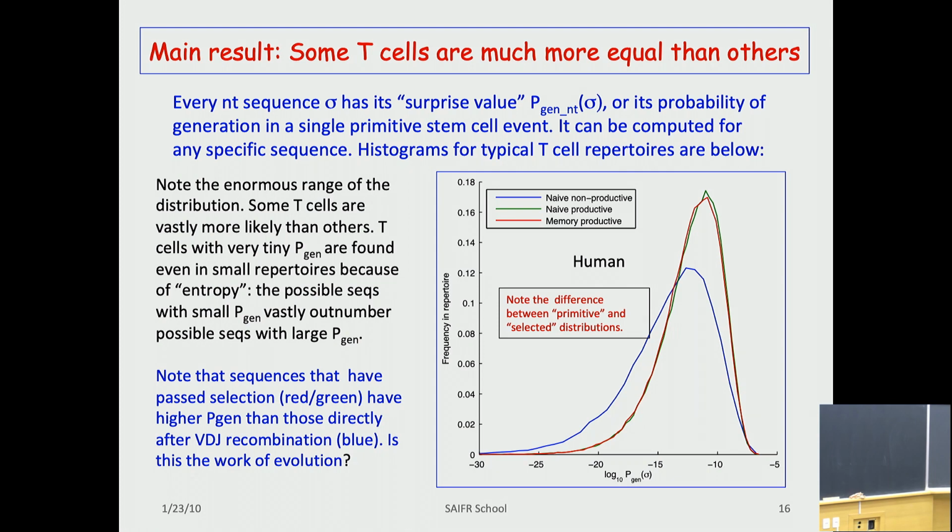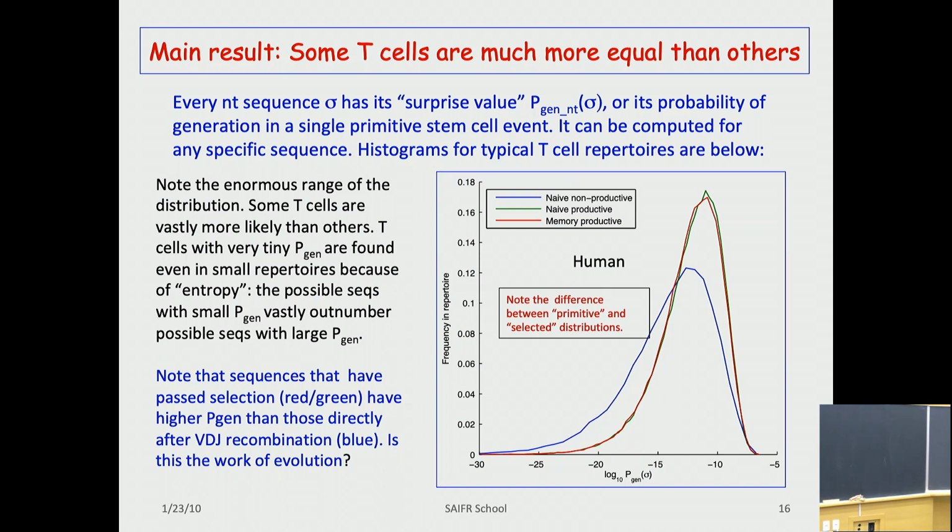So these one-shot generation probabilities that you assign to the actually observed sequences run from 10 to the minus 6 or 7, which is in fact a largish number when you think about the number of T cells that get generated to make a human repertoire.